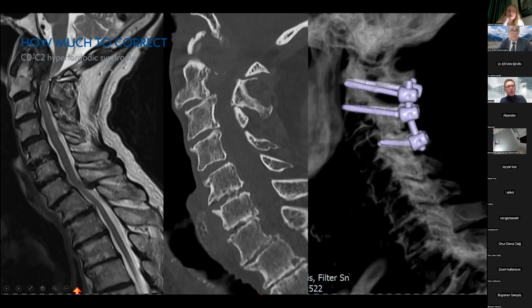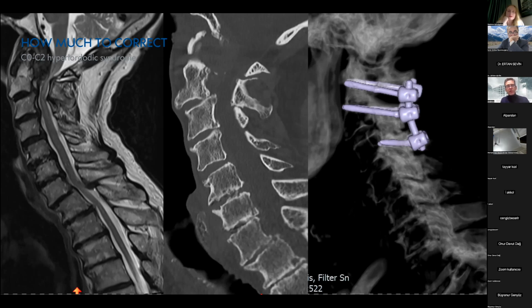We did a very focal approach in this elderly patient, 75 years or so, C1 to C3. But we have to admit that we had some patients where we neglected the problems at the mid-cervical and sub-cervical area, and then failed. These patients failed.